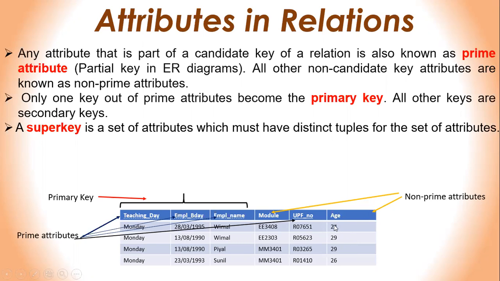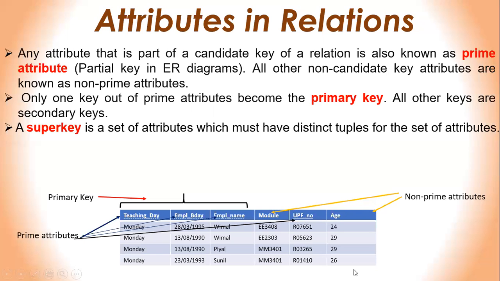But the fact is, if you get these two together, if you remove age, still the UPF number itself can form distinct tuples. So the definition for super key is having distinct tuples. So UPF number and age both together will form a super key.